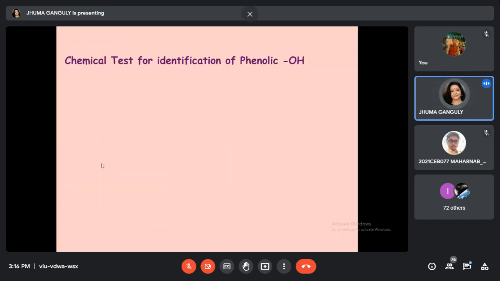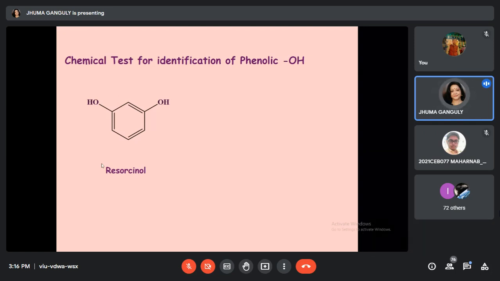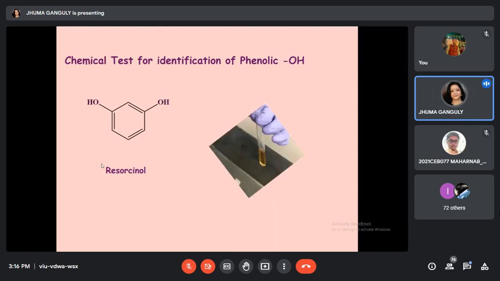Now the phenolic test. I am just writing resorcinol here, but there are lots of phenolic compounds. Here there are two phenolic OH groups, but depending on the other functional groups, the color appearing after the phenolic test will differ. Resorcinol, we are now taking as an ethanol solution.